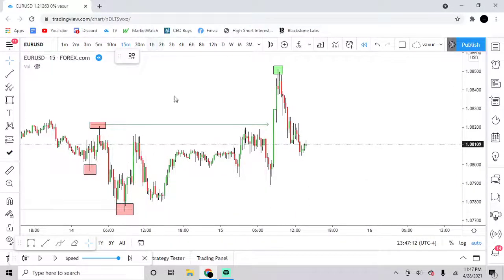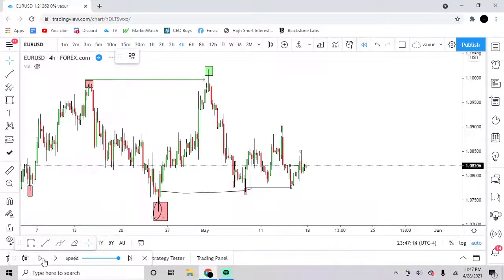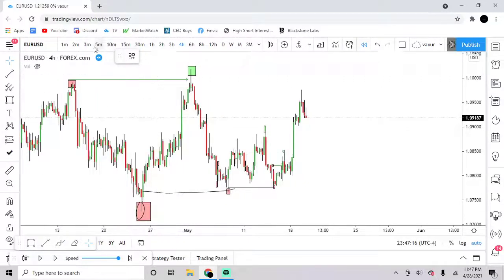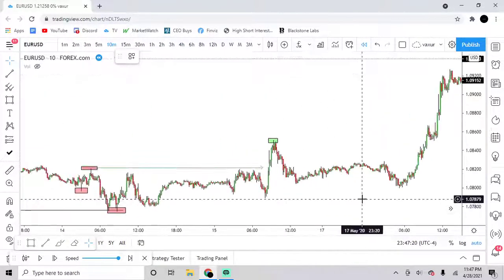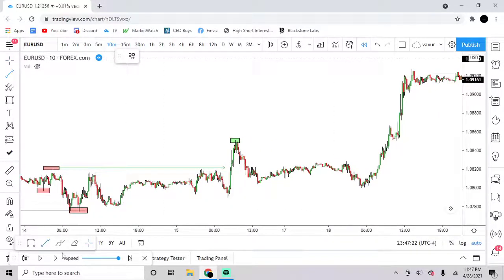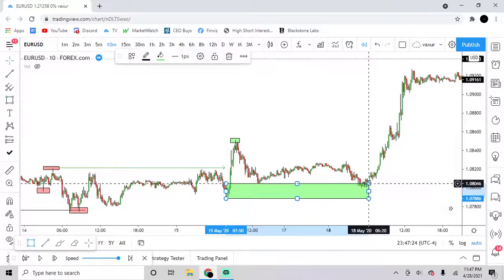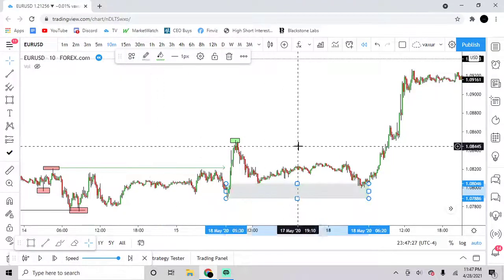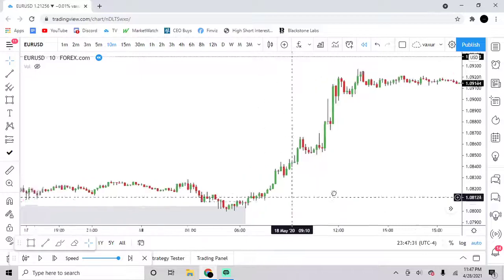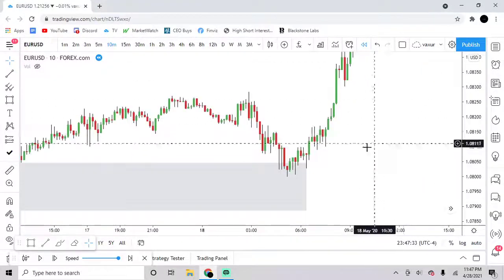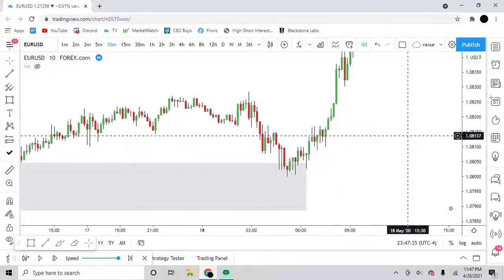Right. And then you would have this as your demand level if you have a proper understanding of order blocks. And I'm sure you can get in on the 1 minute down here and catch a trade.